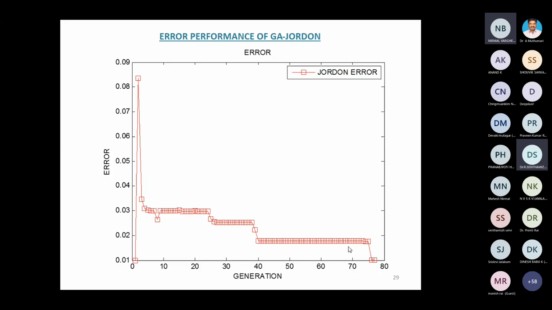So it will be like that. For any GA applied neural network, the error in the output will start abruptly from 0 to a maximum, then abruptly come down, because this is the tuning of the weight factors.